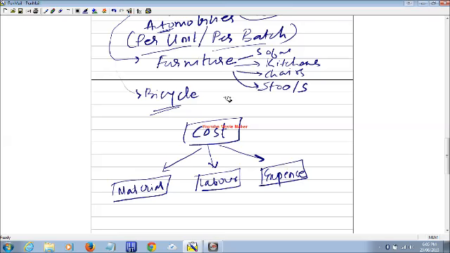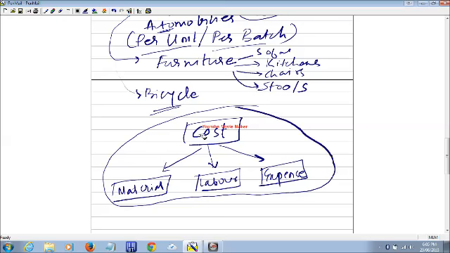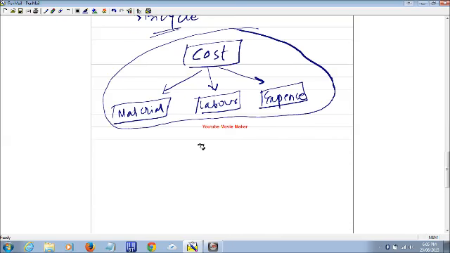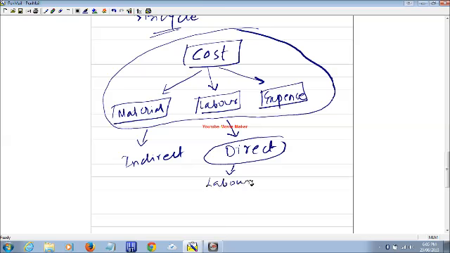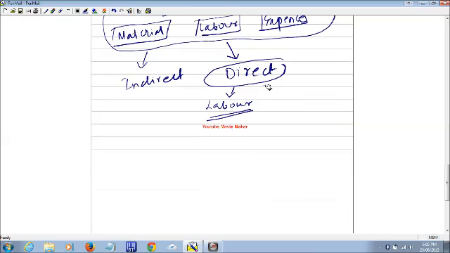The third is expenses, different kinds of expenses, which can be direct as well as indirect. This costing is nothing but a classification of the cost. Now we have cost centers also. This can be categorized as indirect as well as direct cost.